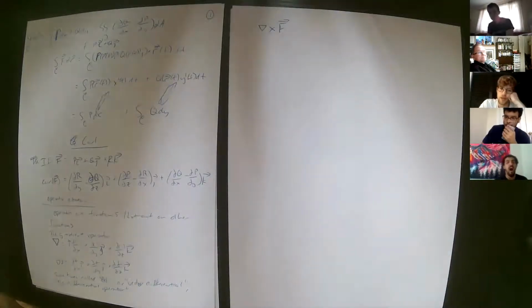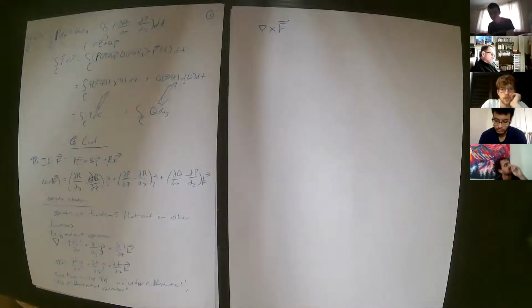This should give us a vector. It's perpendicular to F at all times, and it points according to the right-hand rule.